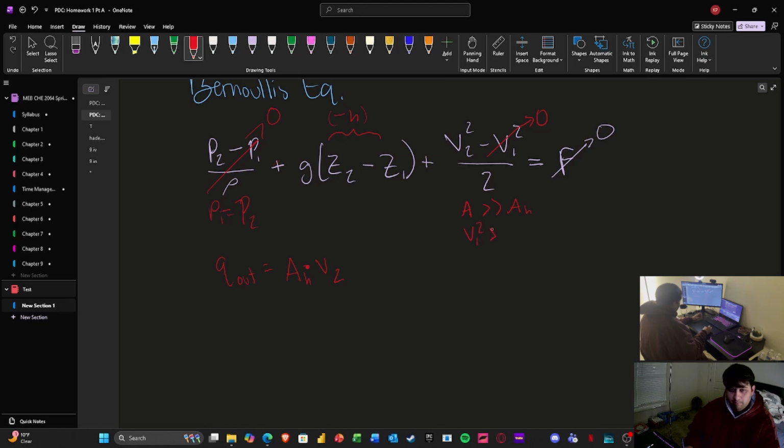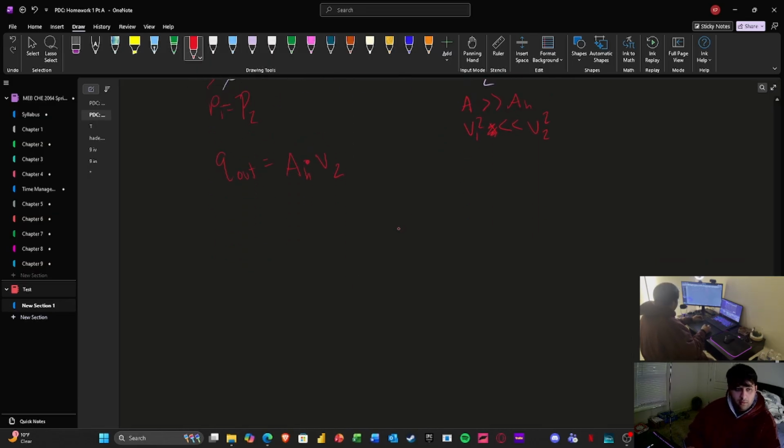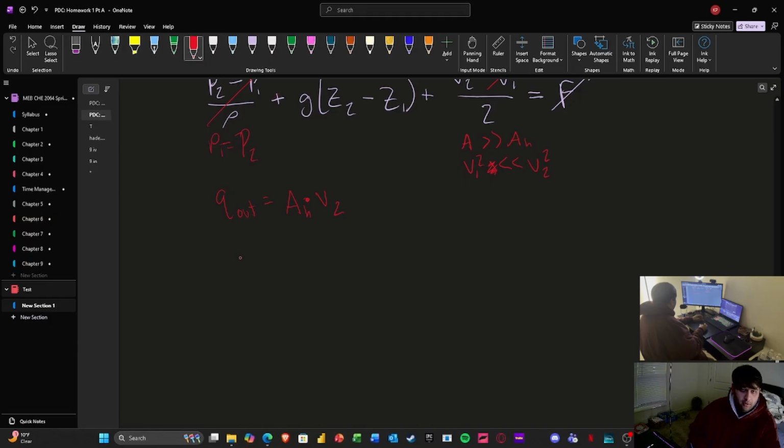And with this being squared as well, this number is going to be significantly less than this, so this counts as negligible. Essentially our final equation will look like g times negative h plus v2 squared over 2. And if we do the algebra, this will pan out to be 2gh.